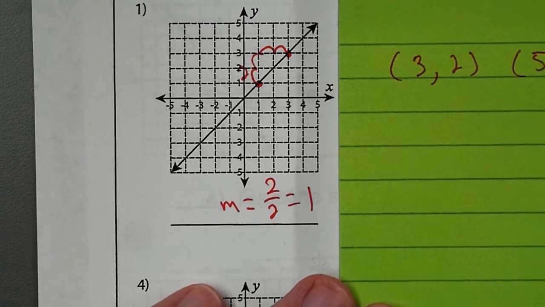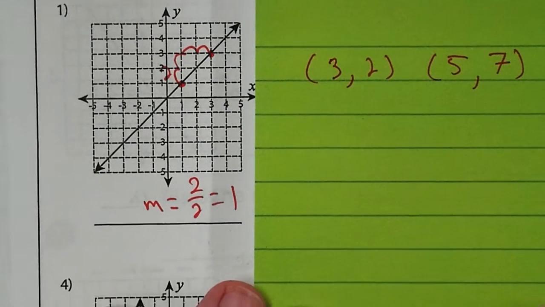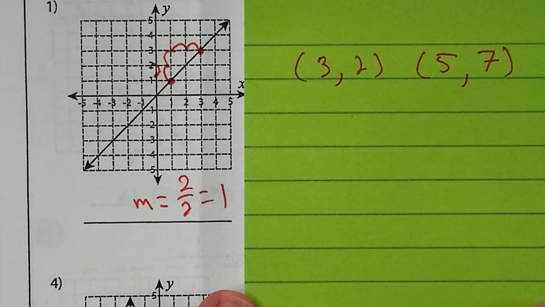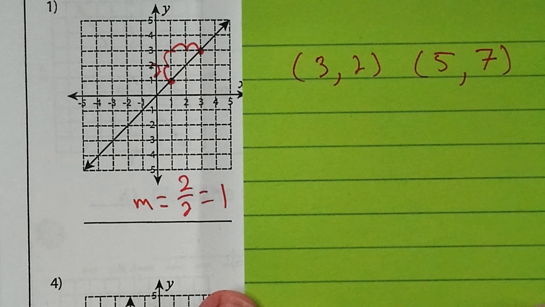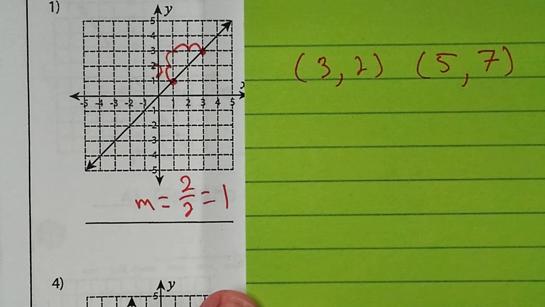Alright? I want you to try to find the slope between those points right there. If you want to graph it, you can graph it, but find the slope there. Ready, set, go. Pause the video until you found the slope, or at least taken a guess.